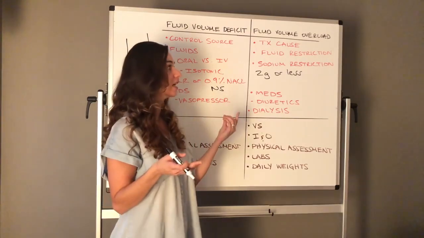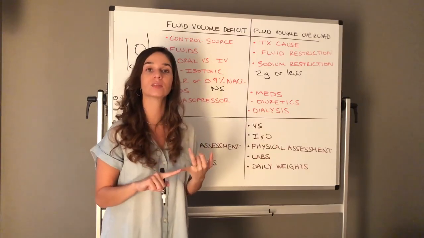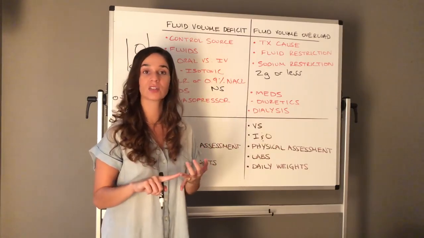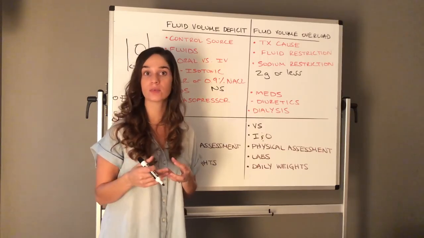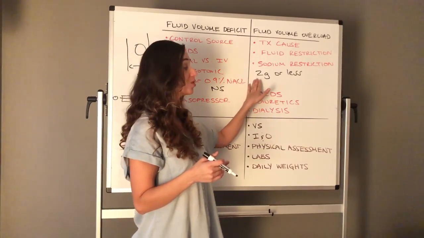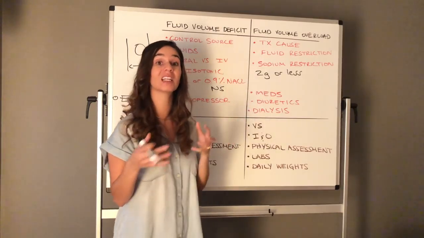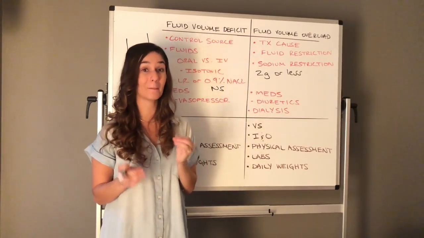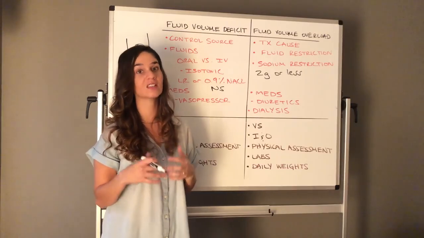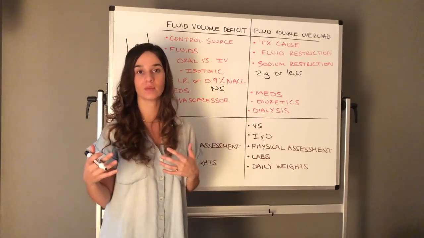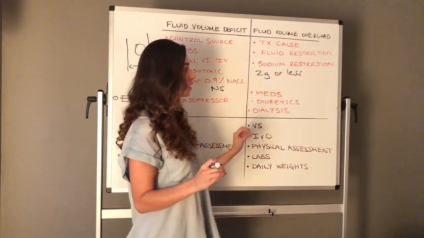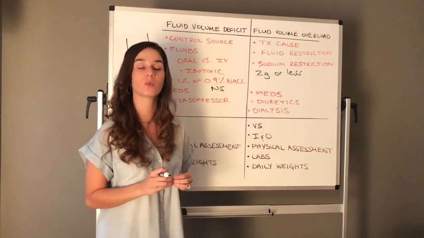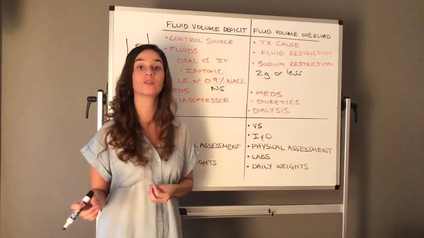So really educate your clients on sodium restricted diets to please read labels carefully to make sure that they're not using table salt or any additional salt substitutes. And 2 grams or less. Some people can even be down to a 250 milligram sodium restriction, which is a very strict sodium restriction diet.